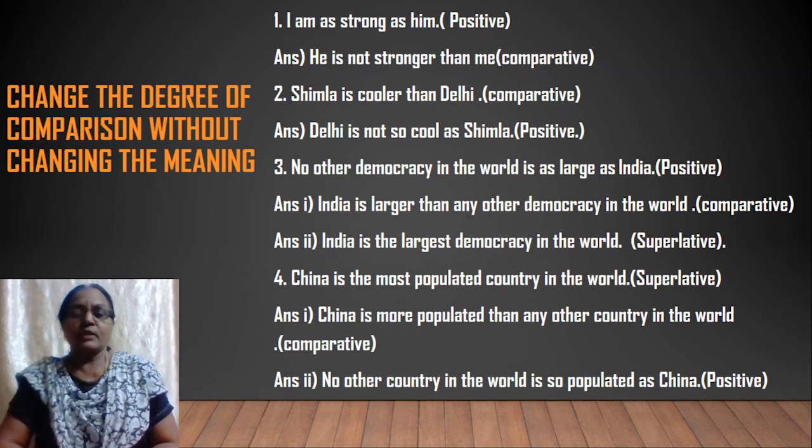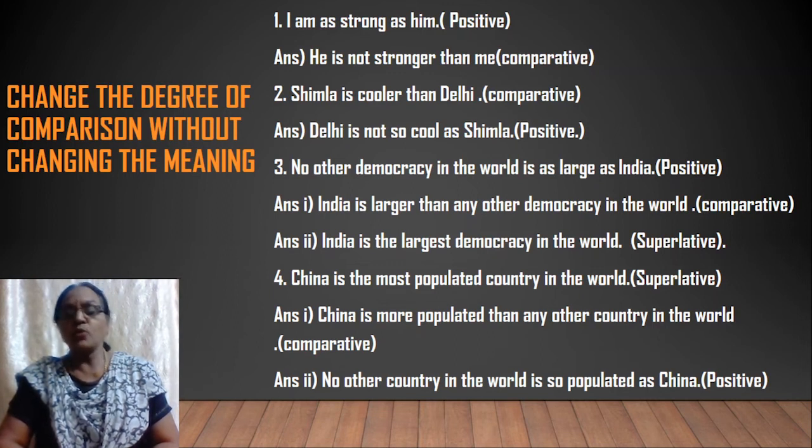So let's have the comparative degree. India is larger than any other democracy in the world. So larger, comparative. Now, superlative degree. India is the largest democracy in the world. So that's the superlative degree. Come to the fourth one.